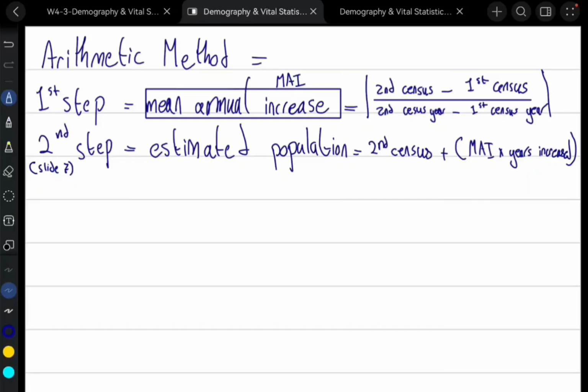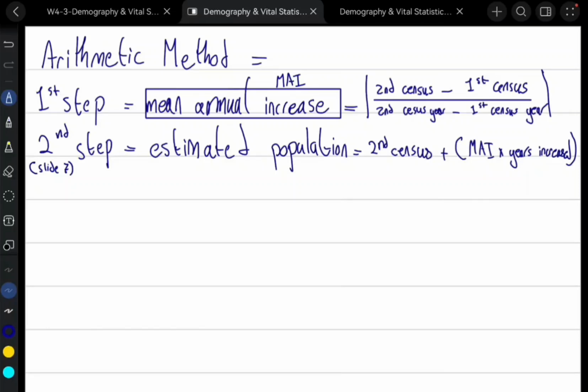Now we subtract the first from the second, over the first census year subtracted from the second. So 250,000 minus 200,000, over 1980 minus 1970. The numbers will be 50,000 over 10. When we divide that, we have our mean annual increase, our MAI, which is 5,000.